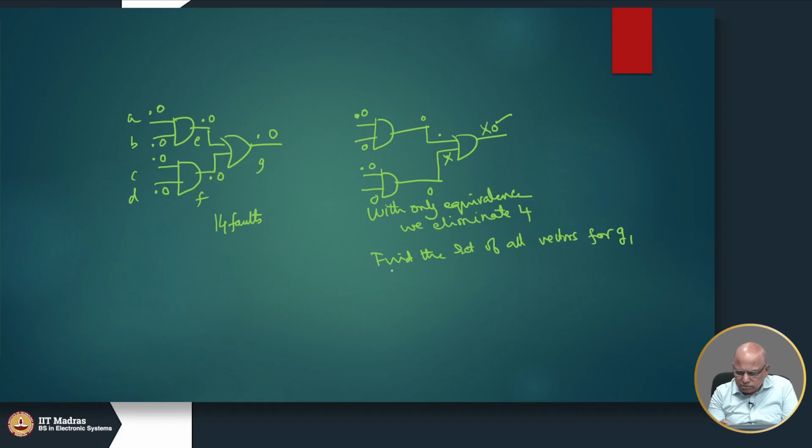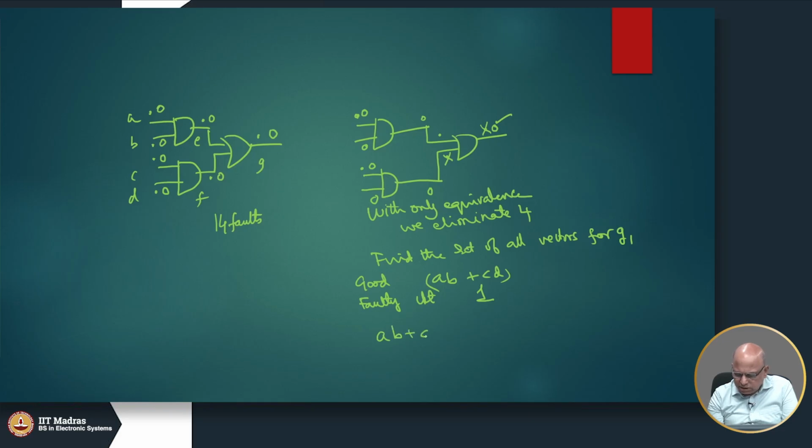So, what is the good circuit behavior? AB plus CD. The faulty circuit will produce a 1. Now, the test technique that we discussed earlier says that the good and the faulty circuit must produce different outputs.